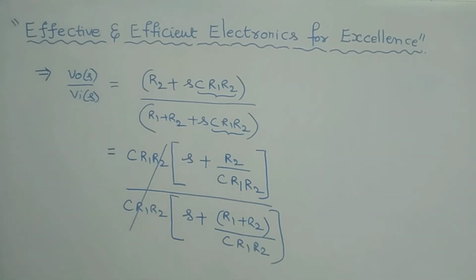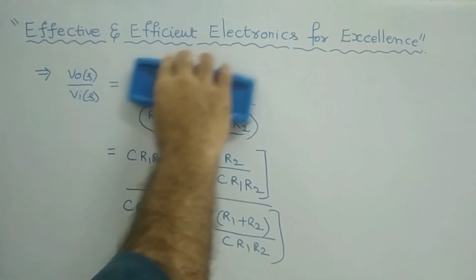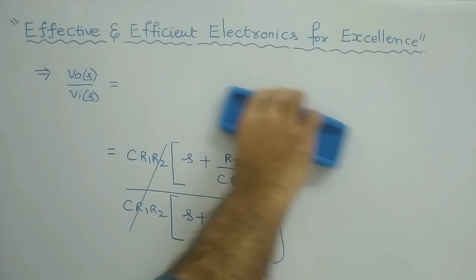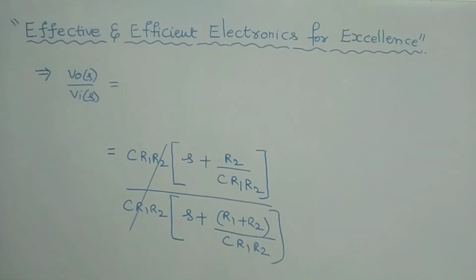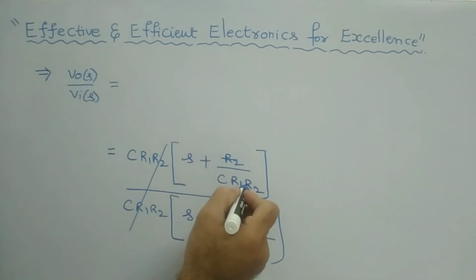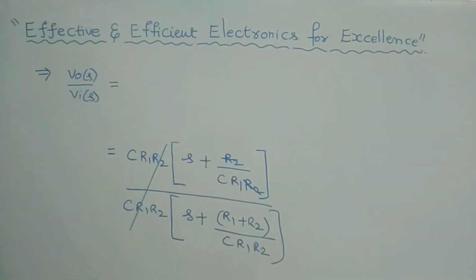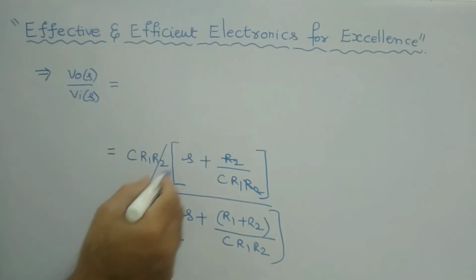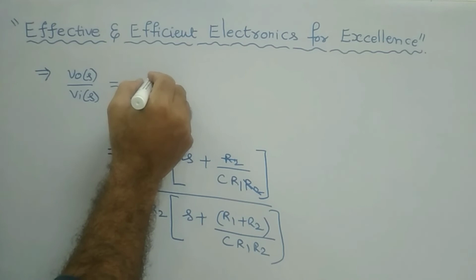Then what will you have actually? Then I will write here, and the next step I will write here. There you can write again, if you see here, this R2 will be cancelled out. Then what will remain there? S plus what you will have in numerator?